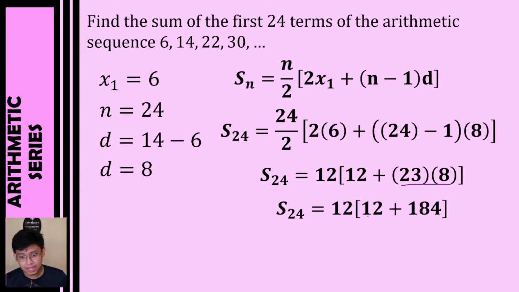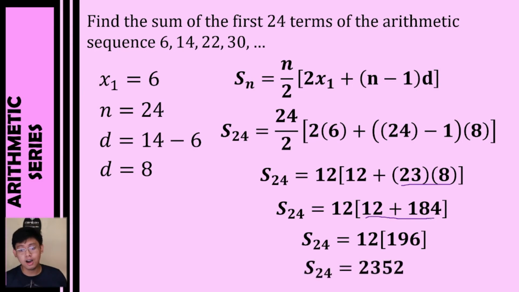Then let's add 12 plus 184. That is equal to 196. And 12 times 196 gives us 2,352. So the sum of our first 24 terms in that arithmetic sequence will be 2,352.